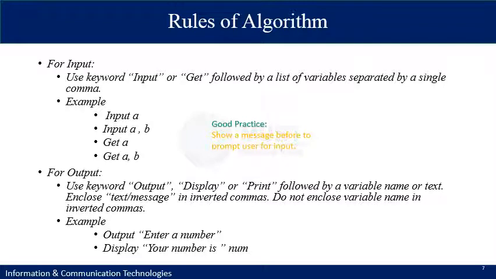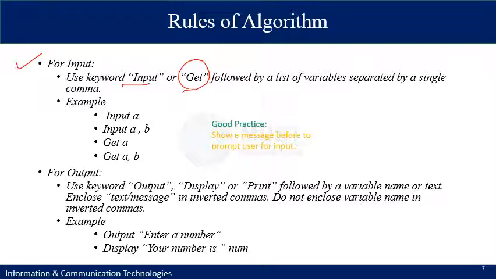Here are some general rules that you should employ while constructing your algorithms. These are the rules for the input. You should use keywords like input or get, followed by the list of variables separated by a single comma.